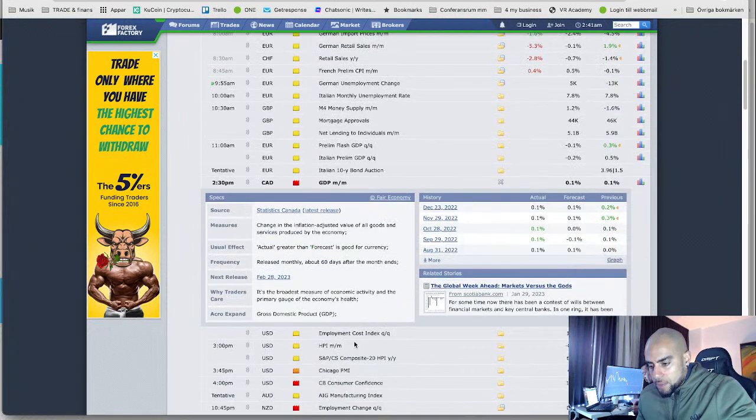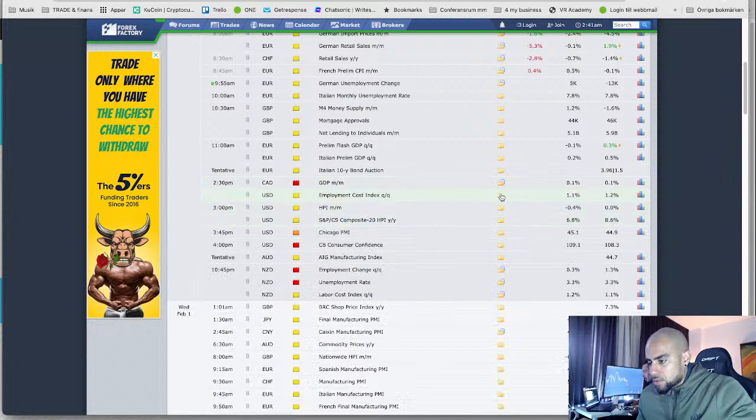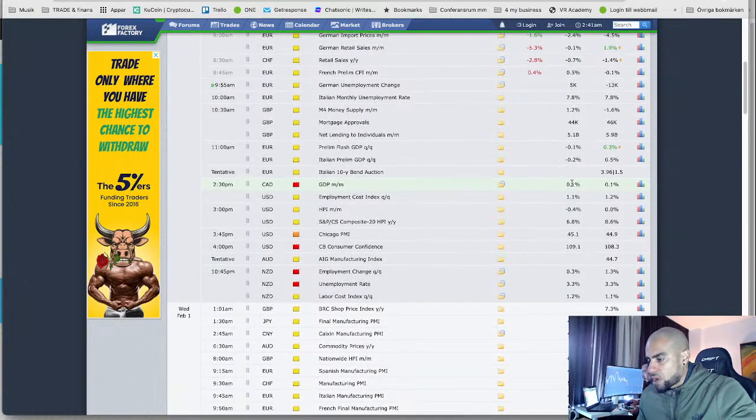So we have forecasted 0.1. If it comes higher, let's say it becomes 0.2, then that is good for CAD.